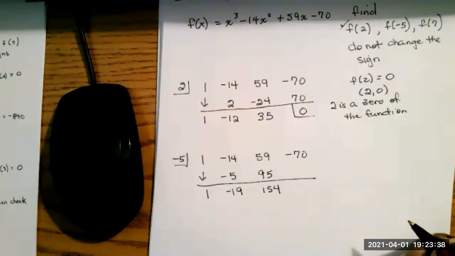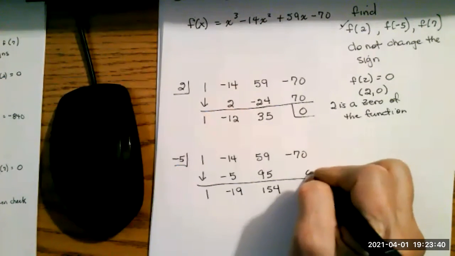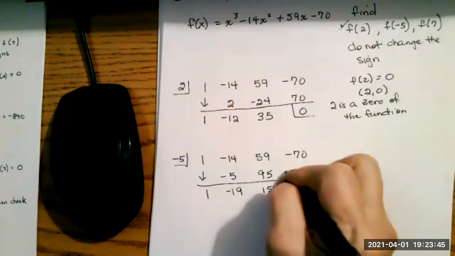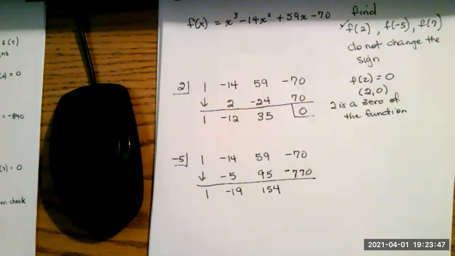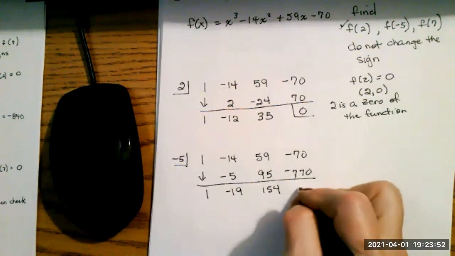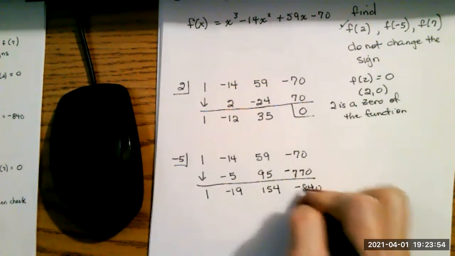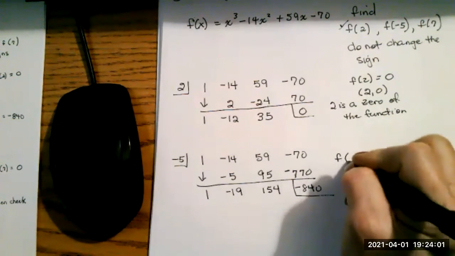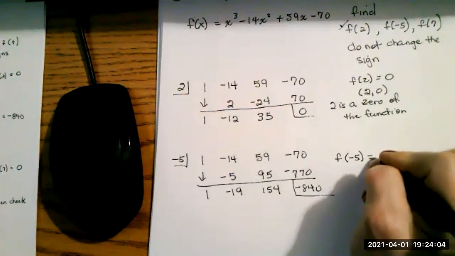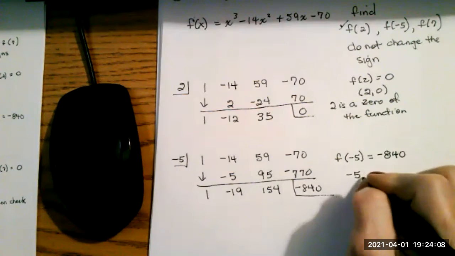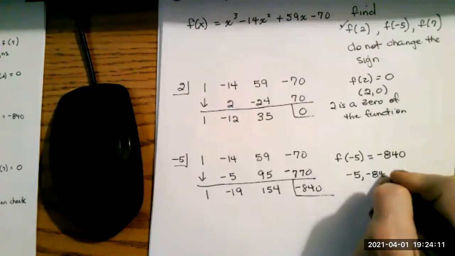And 154 times 5 is 770. And it's negative because negative 5 times 154 is negative. Then I add those because the signs are the same, so I have negative 840. That's definitely not a zero of the function. So my f of negative 5 is negative 840, which makes the point negative 5, negative 840.